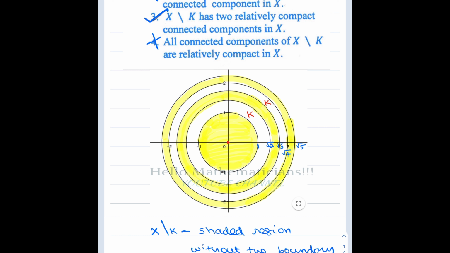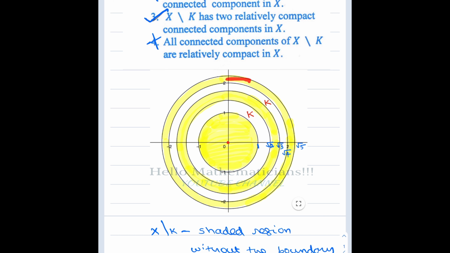Therefore, if you look at the closure of this yellow color shaded region, you will get only this circle and not the outside circle. Basically, it looks like the interval [0, 1), that kind of situation, which is not compact. So this closure is not compact. Therefore, this third connected component is not relatively compact in X.